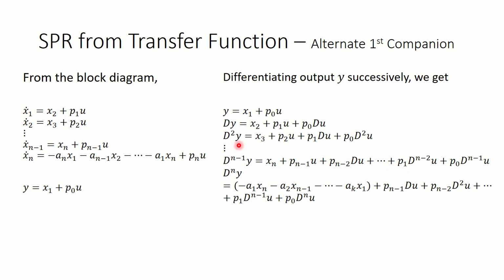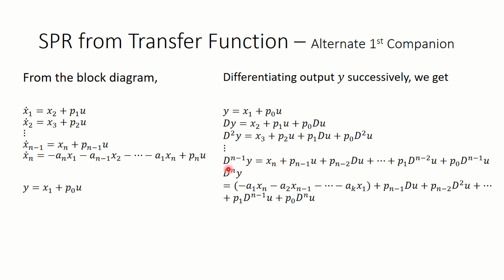So you can do this in pen and paper, and then you will realize. Once you do one or two, you will find the relationship and understand the general behavior, and you can very easily find out what dn minus 1 y is, and you will find this expression.